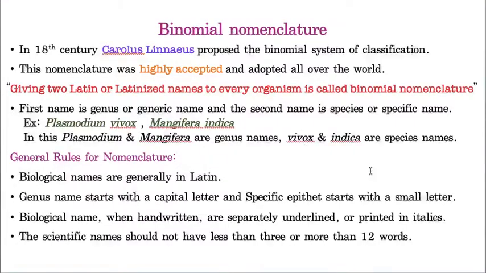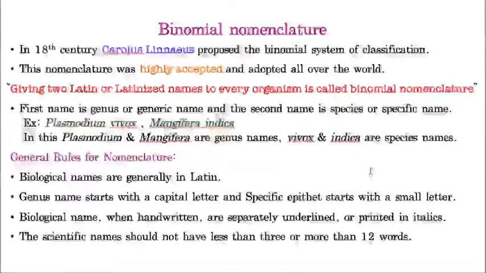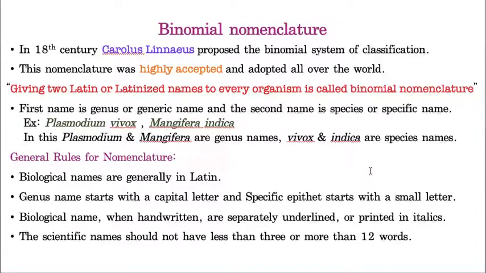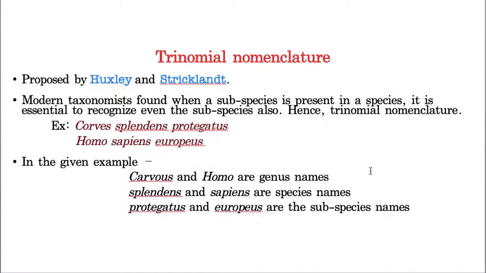Okay, now let us take the third nomenclature. Hope you remember there are three ways of giving names to organisms. One is vernacular names, that means local names. Then binomial nomenclature, the most authentic and highly used. The third type is trinomial nomenclature, as the name itself says, three names: giving three names to every individual.